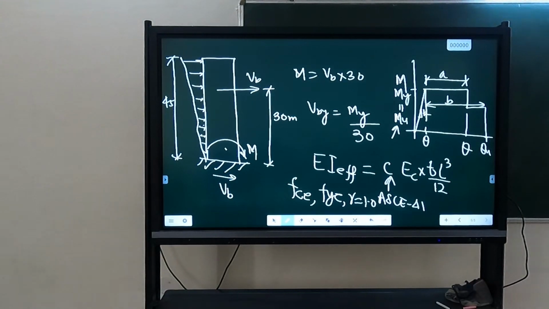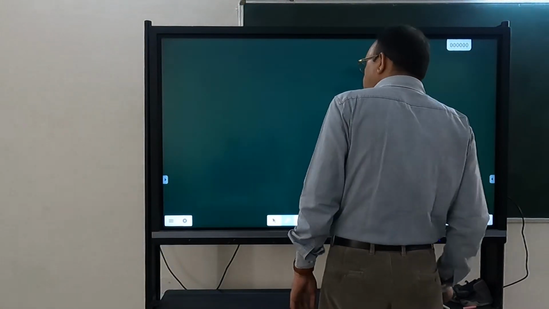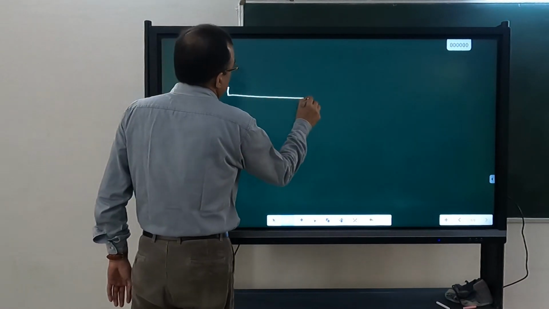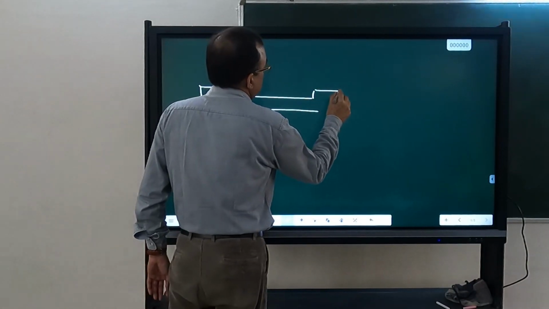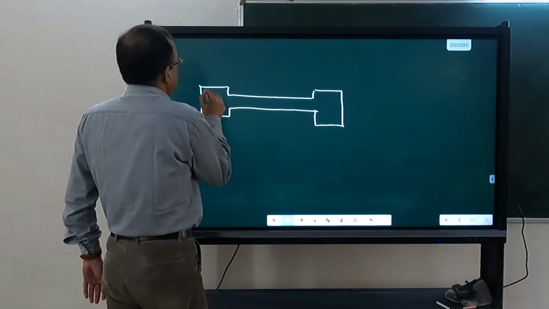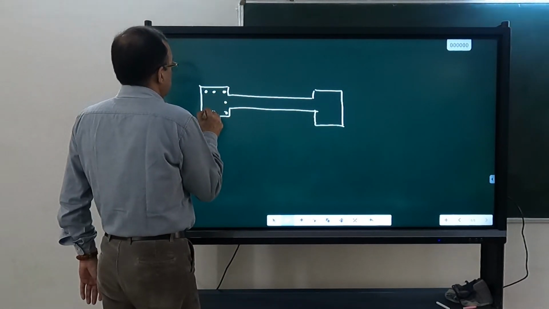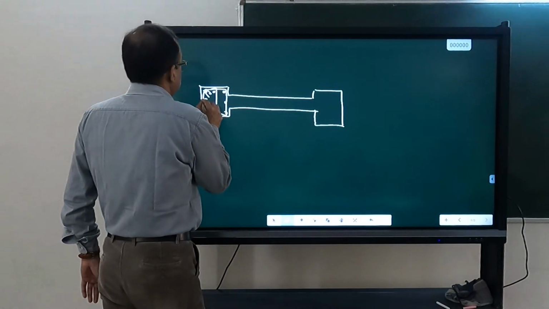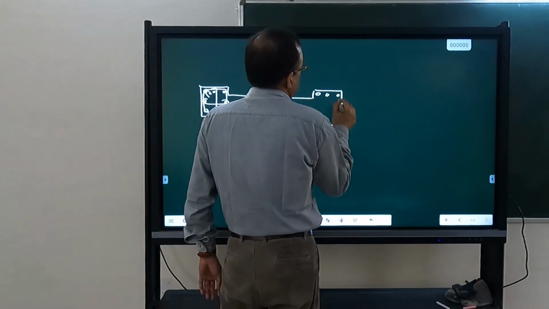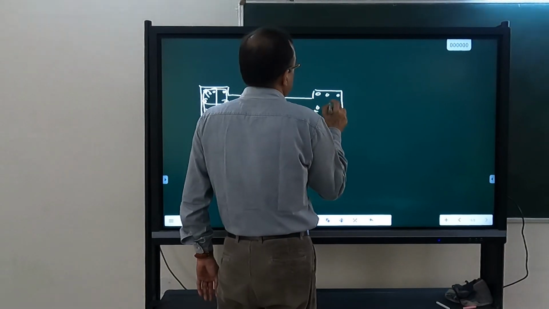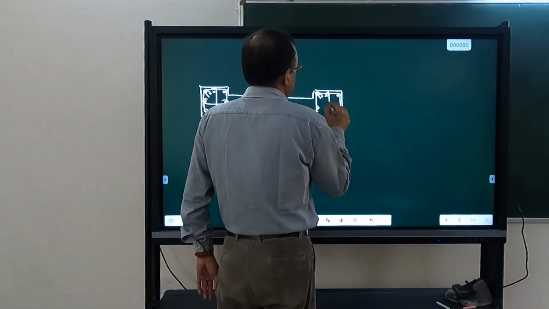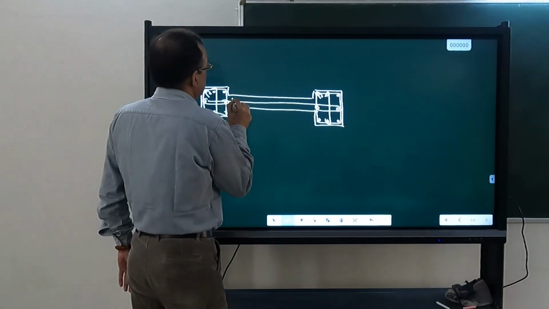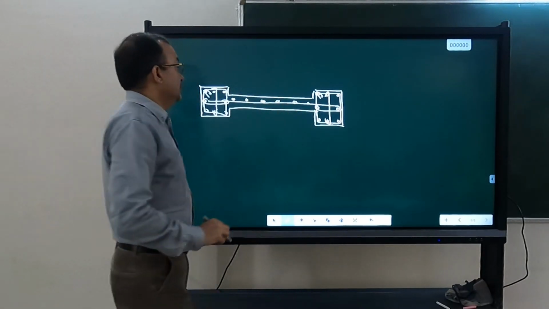So you will consider, suppose the shear wall is like this.